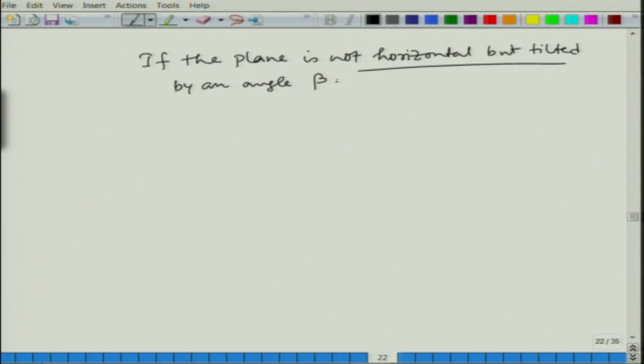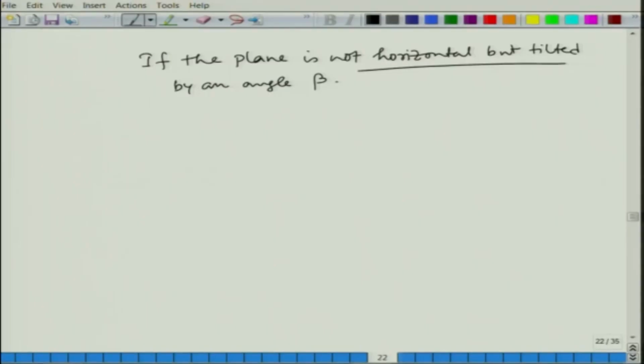Okay. This beta stands for tilt angle all the time. So, again you have to remember that whenever you see beta, it means tilt angle. Tilt angle means the angle the plane makes with the horizontal plane. Okay. Or you can also say in terms of the surface normal. So, the angle the surface normal of the tilted plane makes with the vertical direction, that is the angle beta.